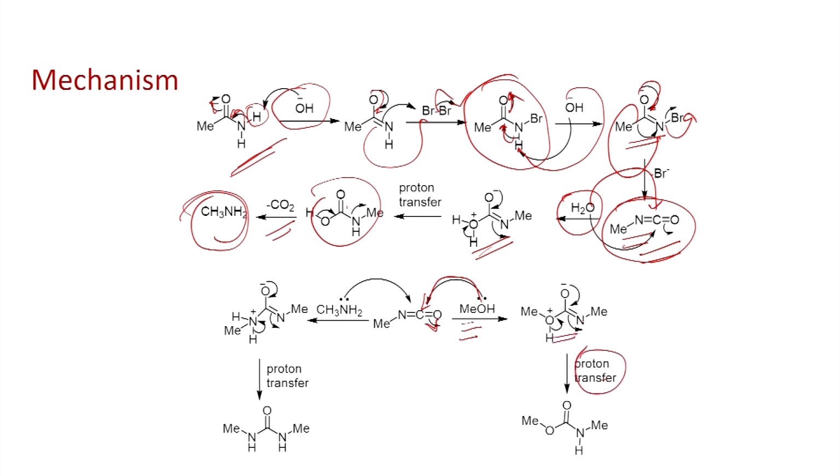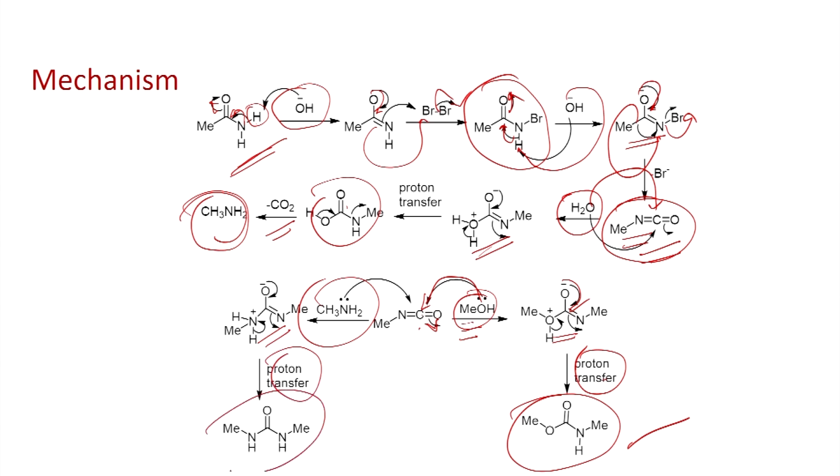Proton transfer, as we have just seen, can lead to the formation of this carbamate. On the other hand, if you add methylamine in place of methanol, addition to the isocyanate can give this intermediate, and proton transfer can lead to the formation of urea as a product.